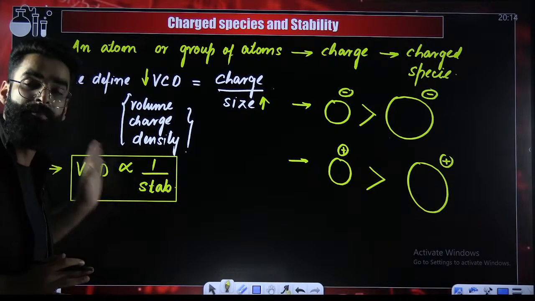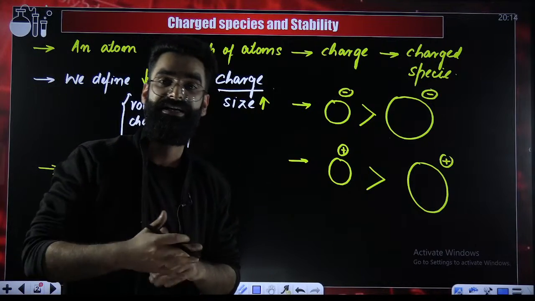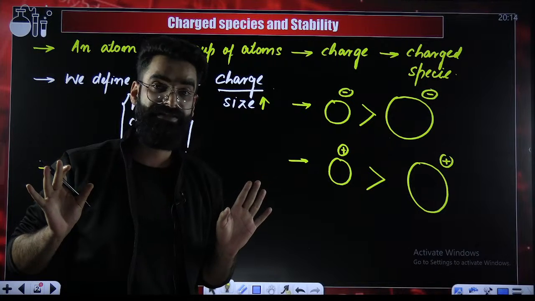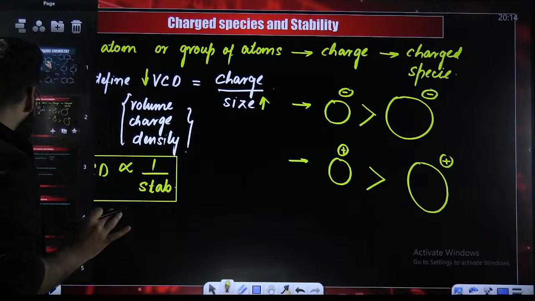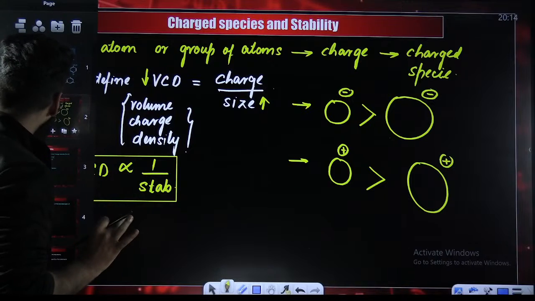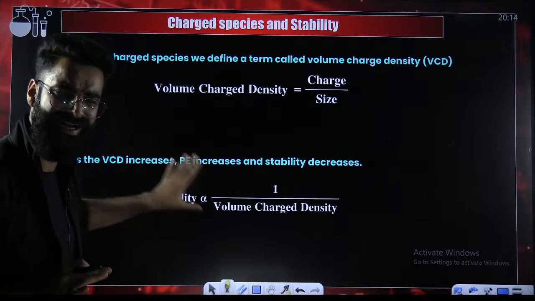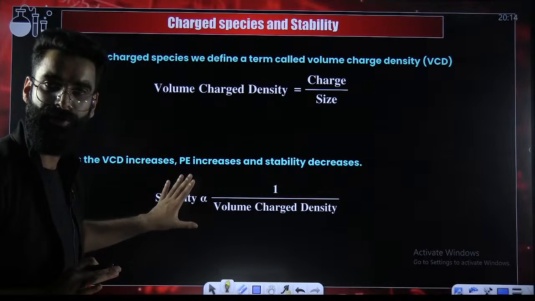Remember, volume charge density is inversely proportional to the stability. Correct? I believe this is clear to everyone. So this was my point number 1, my dear students, which I would want every one of you to remember from now onwards. And I believe this particular slide is clear to every one of you.